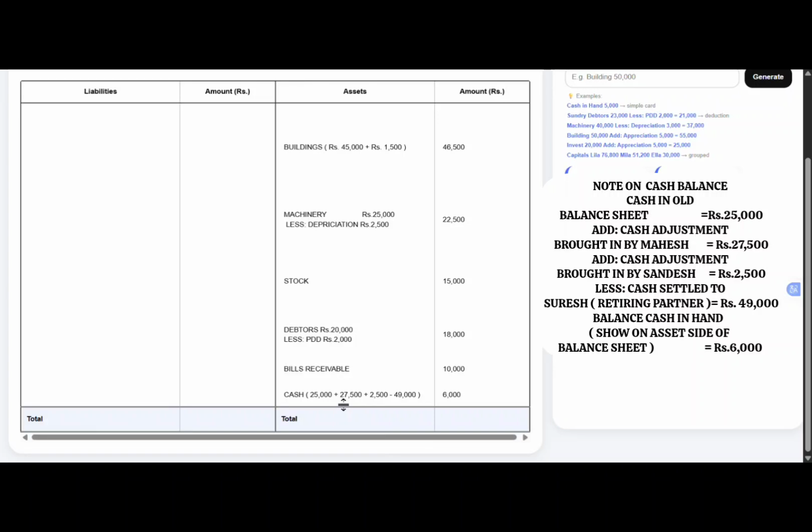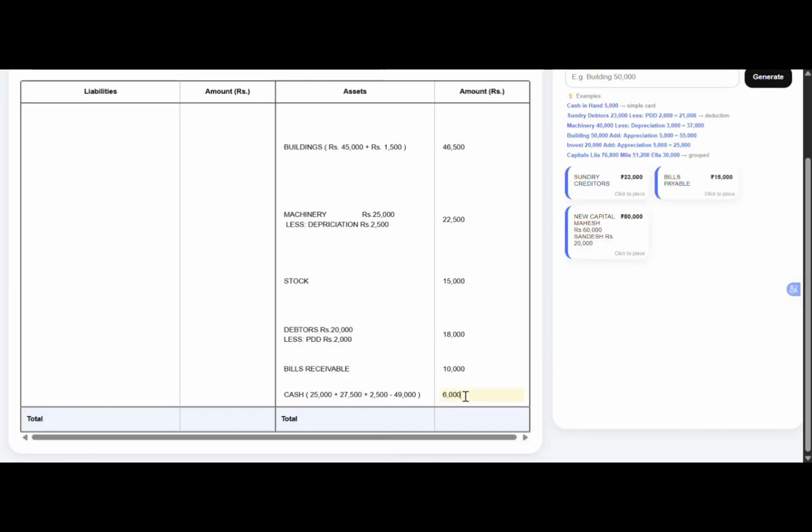Deduct the amount that is being immediately settled to the retiring partner, 49,000. So the change that has taken place in cash is rupees 6,000. So now the remaining cash we have at the end of the year is 6,000 after making all the adjustments. These are the entries that are to be made on the asset side of the balance sheet.